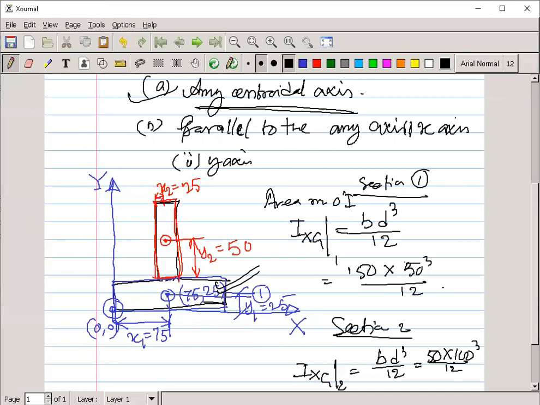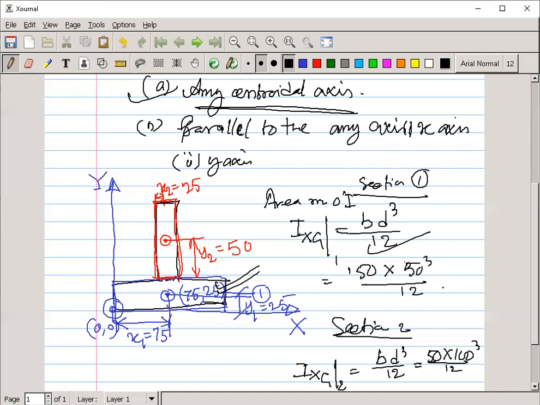Okay, so when in the question it is written, find out the moment of inertia with respect to centroidal axis, then you have to simply put the formula and give their magnitude. Here b is 150, d is 50, and for section 2, b is 50 and d is 100.